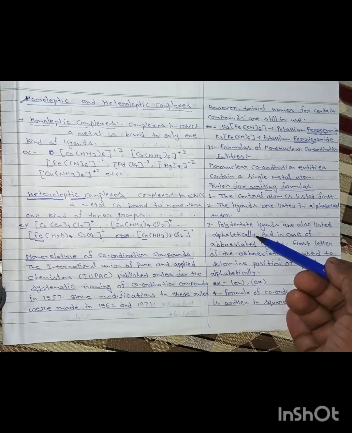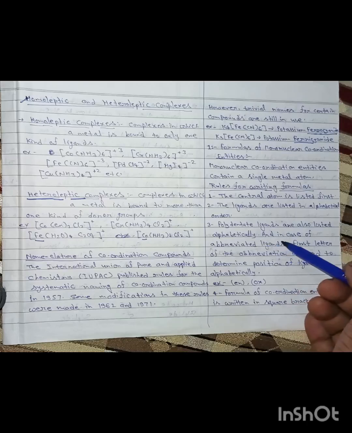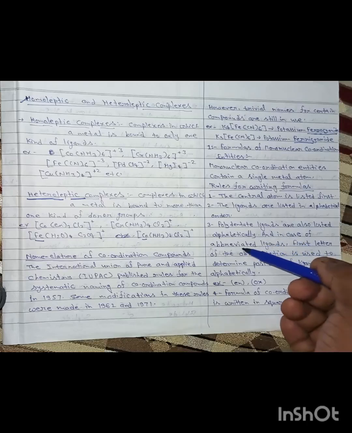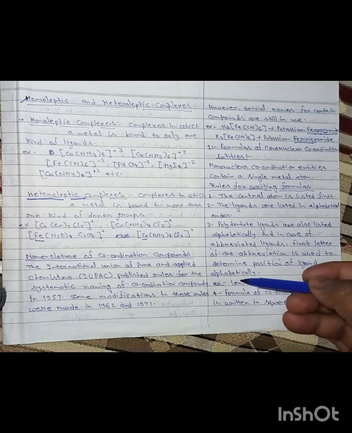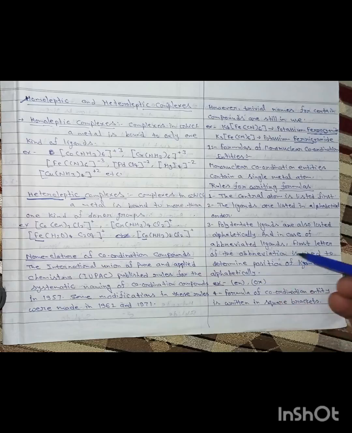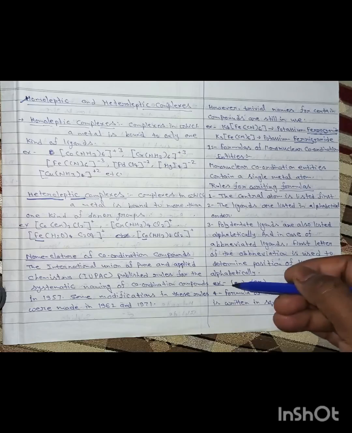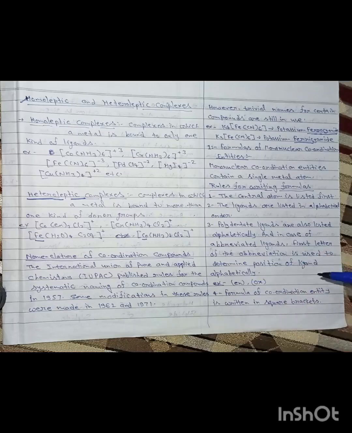And in the case of abbreviated ligands, the first letter of the abbreviation is used to determine the position of the ligand alphabetically, like en and ox. Oxalate we will write as ox. Ethylene diamine we will write as en.